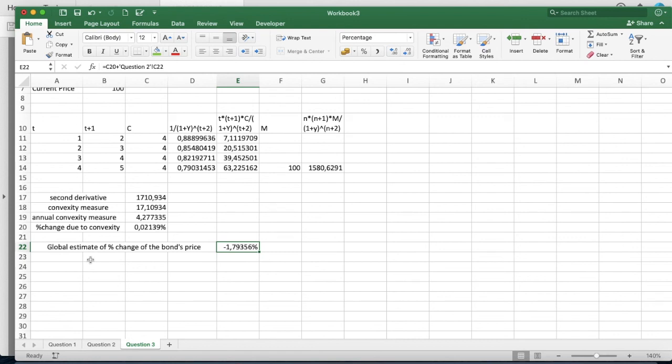Now let's compare it to the real percentage of change that we have computed using the present value technique.